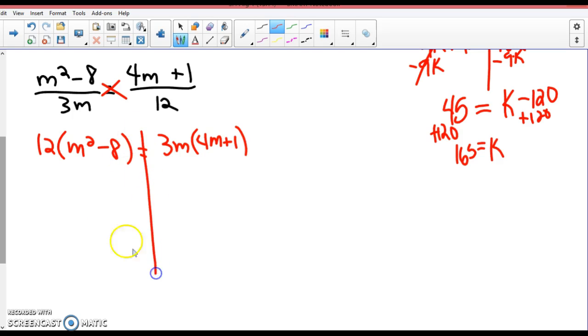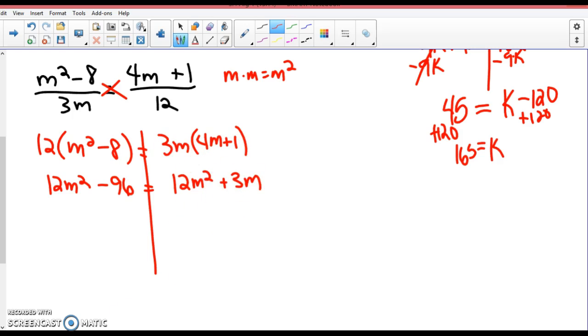So both sides I need to use the distributive property. 12 times m squared is 12m squared. Positive 12 times negative 8 is negative 96. Equal. Now this is where things get tricky. What is 3m times 4m? Correct. Because isn't m times m the same as m squared? And then 3m times 1 is positive 3m.